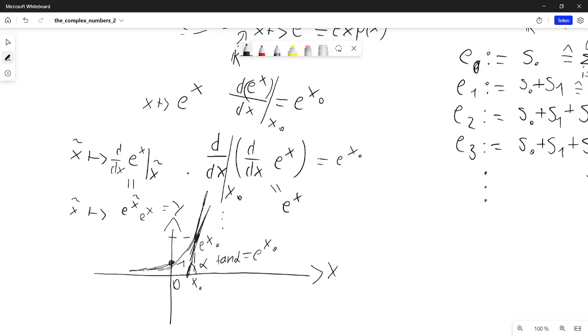What do we mean by that? Well, if we take this function at this x0, and we go a very small dx away from that, this is dx, this is very small.